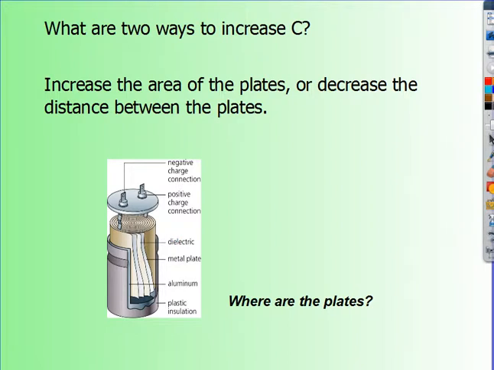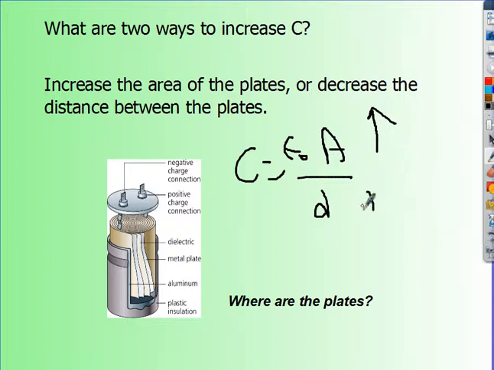Because that's what we're usually looking to do. Well, let's look at the formula. C is equal to epsilon naught A divided by D. You can increase the capacitance by increasing the area or decreasing the distance between the plates.